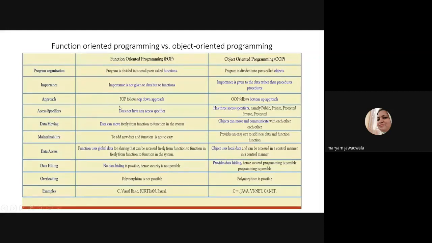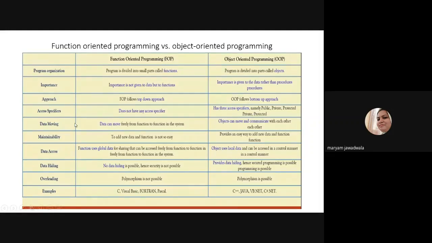If you write a program in C, then you cannot provide any security. But if you are using an object oriented programming language, suppose you are writing your program in Java, then you have the functionality of access specifiers, namely public, private, protected, and private protected. Using this, you can secure your program, right?